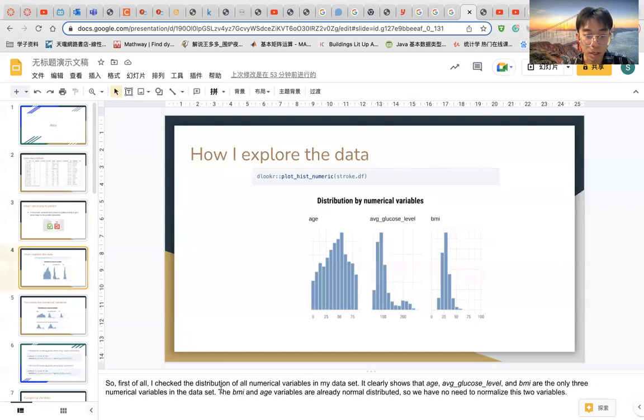So first of all, I check the distribution of all numerical variables in my dataset. It clearly shows that age, average glucose level, and BMI are the only three numerical variables in the dataset. The BMI and age variables are already normally distributed, so we have no need to normalize these two variables.